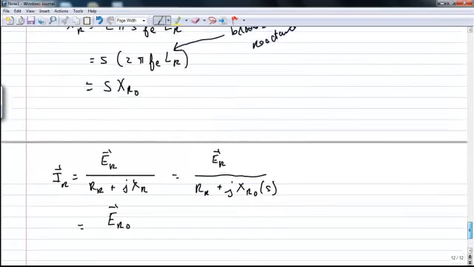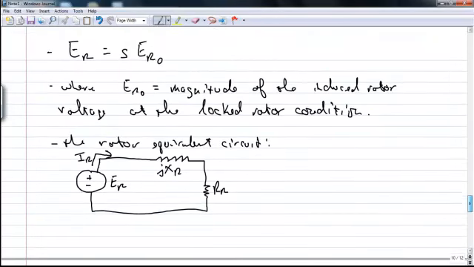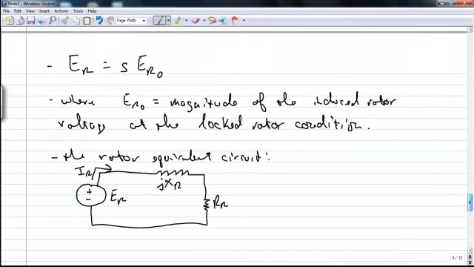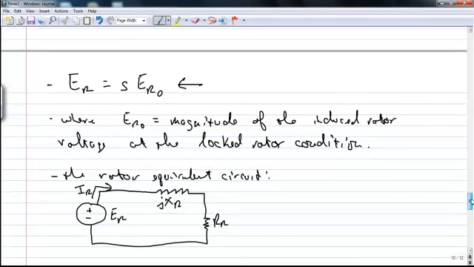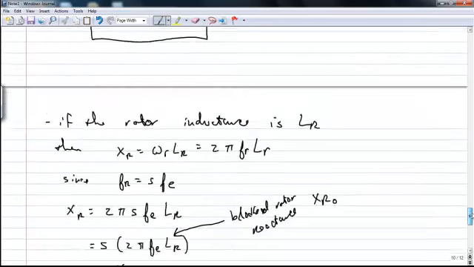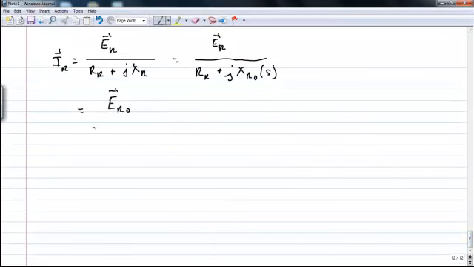Well, E_R0 is equal to S, or E_R is equal to S E_R0 up here. So in effect, I've multiplied the numerator by S, so I have to multiply the denominator by S. Or rather, I've divided the numerator by S, so I have to divide the denominator by S. So I get R_R over S plus jX_R.